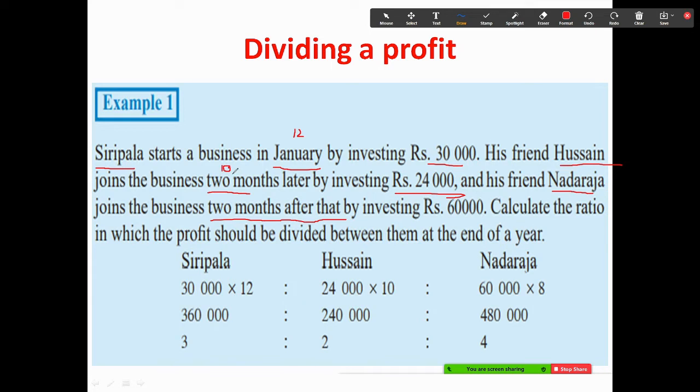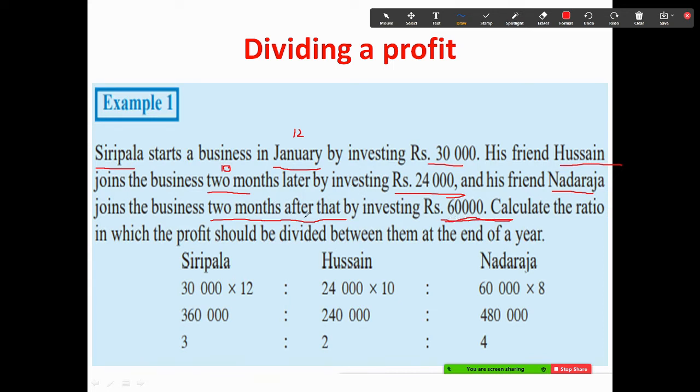Then it is May 1st. He invested 60,000 after 4 months, that means May 1st.